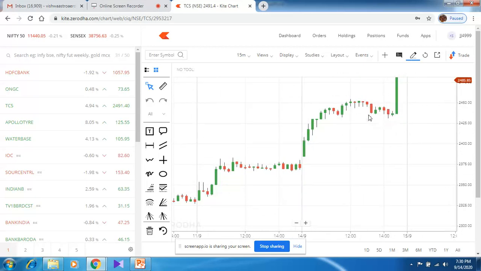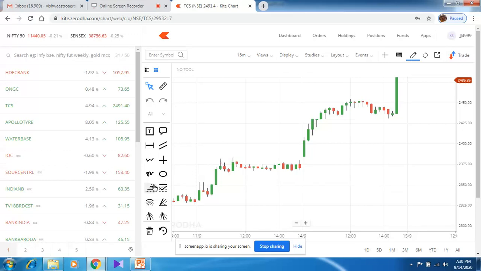This chart is from today's trading, you can see 14th 9. This is from Friday's 11th 9. Now in the chart of every day, we need to observe whether the market is going from bottom to top, or coming from top to bottom. This we need to observe.